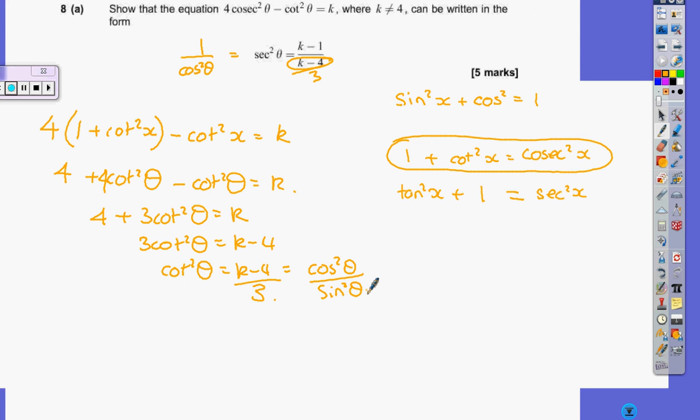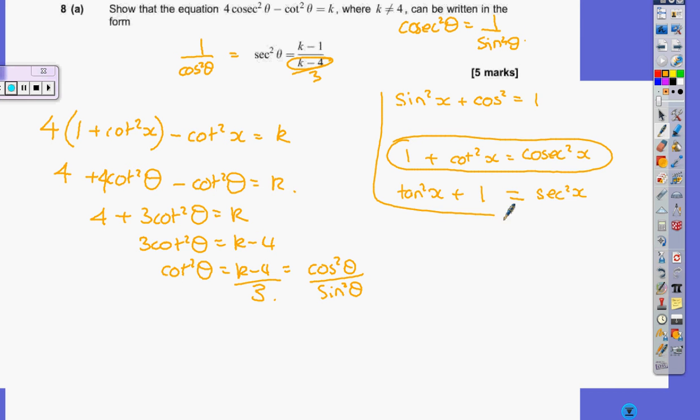So I really need to times through by sine squared or something. And the only other thing I've got is cosec squared. And cosec squared equals 1 over sine squared theta. Ooh, look, there's my sine squared theta. So if I could do something and just leave me with cos squared, I could do 1 over that and see if I end up with this.